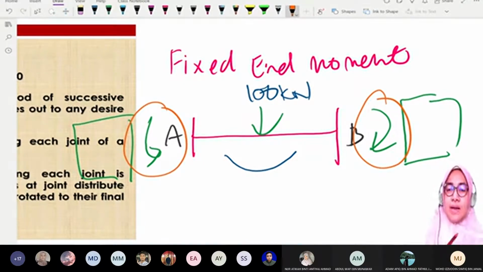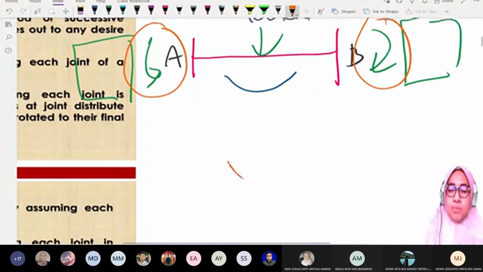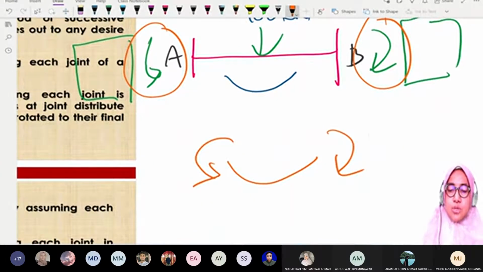That is why the direction of the moment has to be like this. The direction of fixed end moment, whenever the beam is loaded like this, must be as stated here, as you can see here, because we want to push this to the straight position, back to the original position.